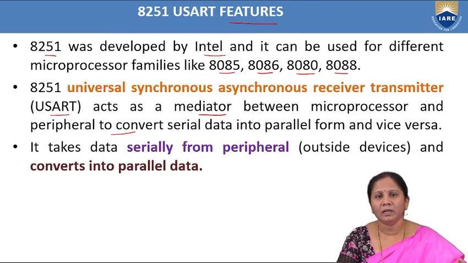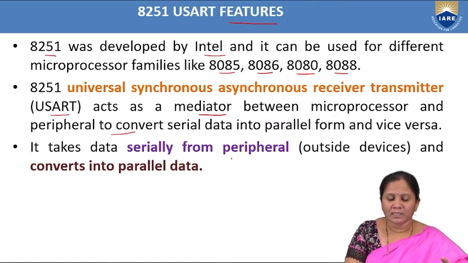That parallel data will be given to the peripheral devices, but the peripheral devices will take only serial data as input. That is why, in order to convert serial data to parallel data and parallel data to serial data, we should have this 8251 USART as a mediator between these IO devices and the microprocessor.